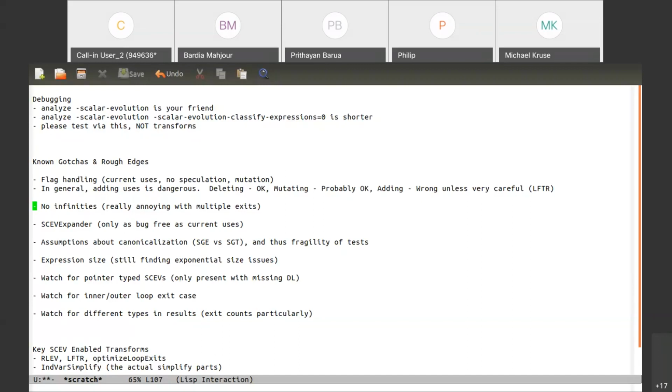The practical experience we've had with SCEV expander is that it's observably correct, but every time we start doing something that pushes a lot more things through it, we find another gotcha bug. So my caution here is SCEV expander is as correct as the current code forces it to be. In particular, the handling of how we hoist expressions that may fault and trigger UB is questionable today.